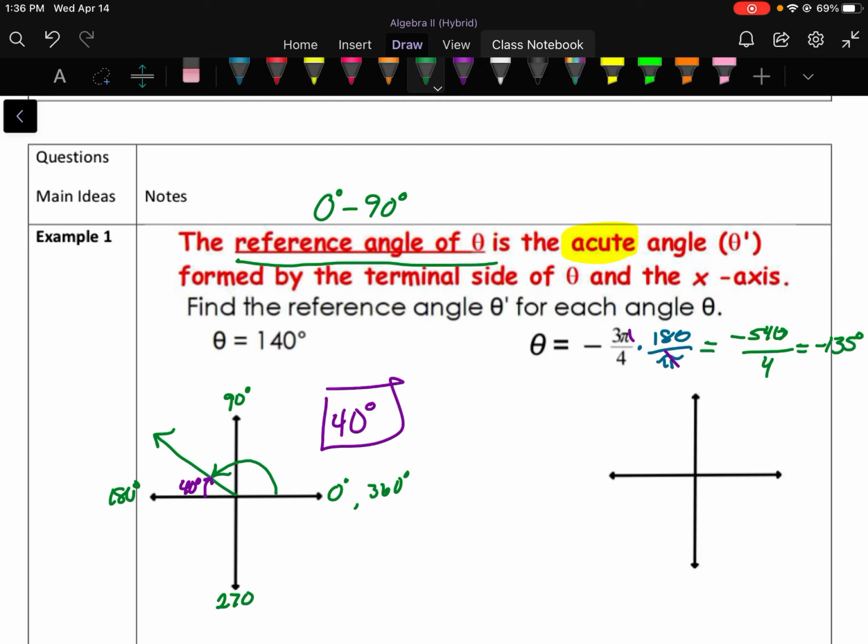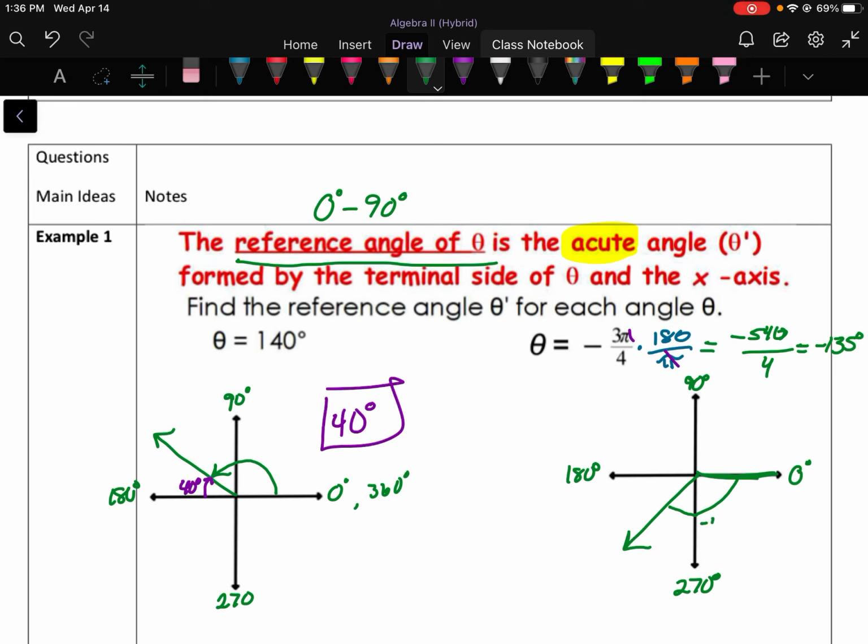So you always start from the positive x-axis over here. If it's positive, you go to the left, counterclockwise. If it's negative, we go clockwise. So I'm going backwards 135 degrees. If I stop here, that's 90, so I need to go a little bit further.